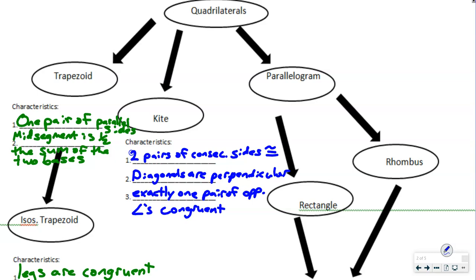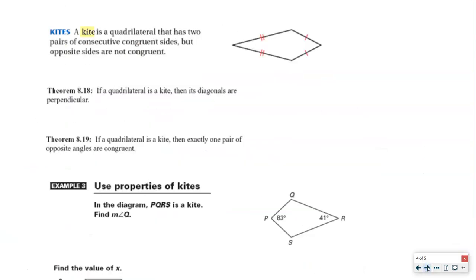What we mean by exactly one pair is that only one pair of opposite angles can be congruent. Only one.